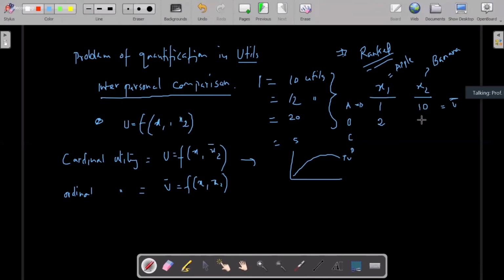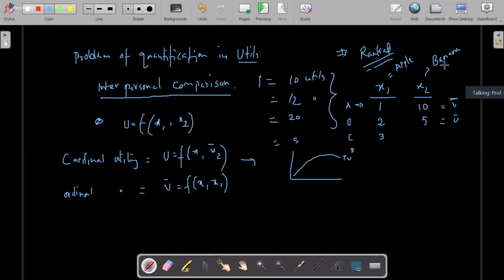Suppose we sacrifice 5 units. So 2 apples and 5 bananas give you the same level of satisfaction, u bar. Now suppose you increase another apple, so it is 3 apples.